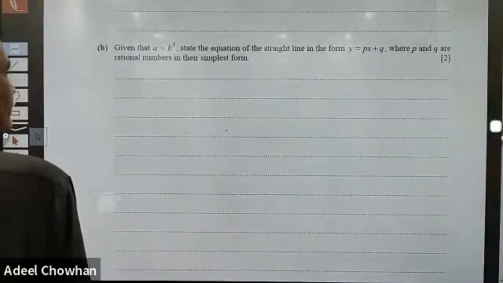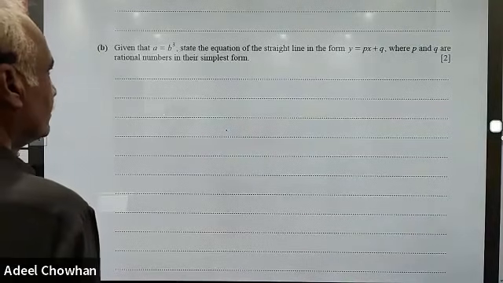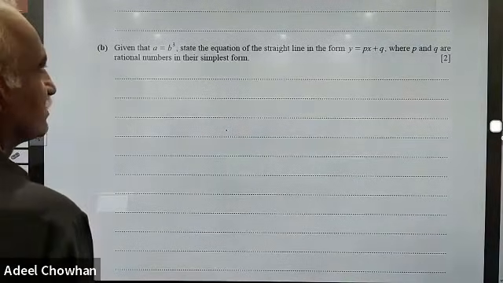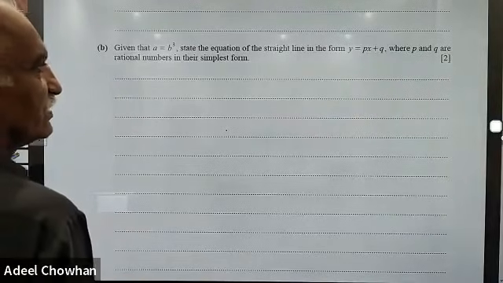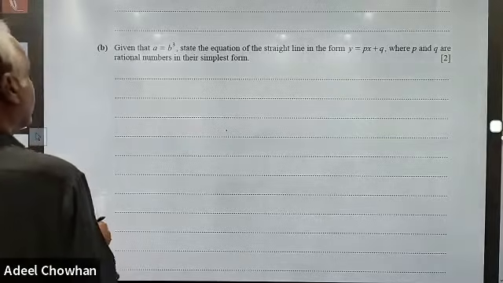Given that a is equal to b power 3, state the values of this straight line in the form of y is equal to px plus q, where p and q are rational numbers.